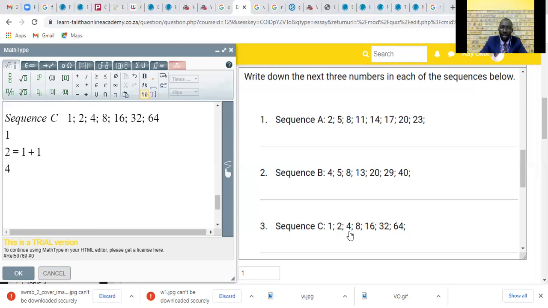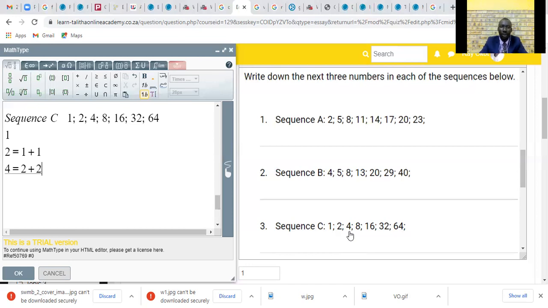Now, notice that from 2, which is the second term, a number was added. This time it is 2. We are just testing because we want to try with adding before we try with multiplication. Because we see the number is increasing, so either there is addition or there is multiplication.